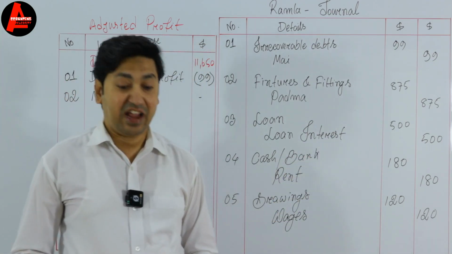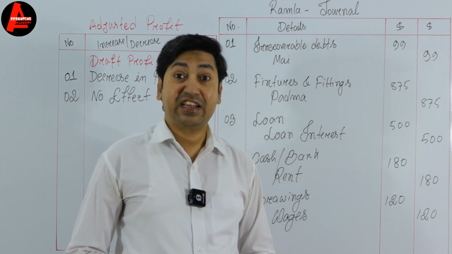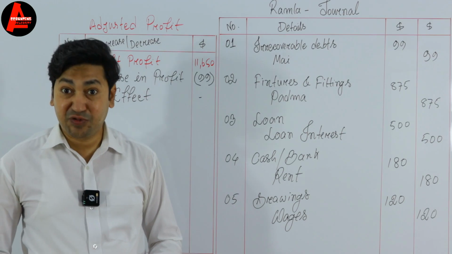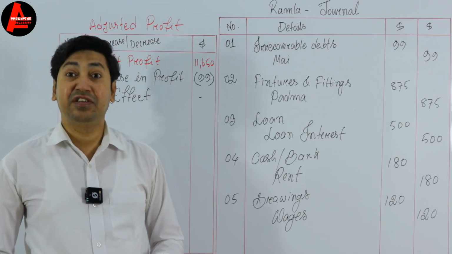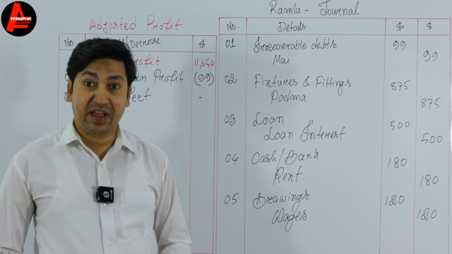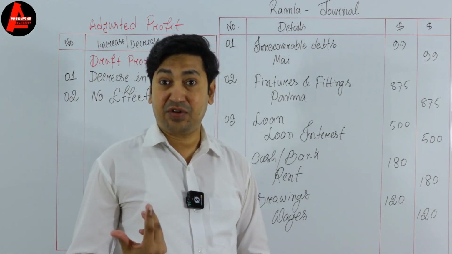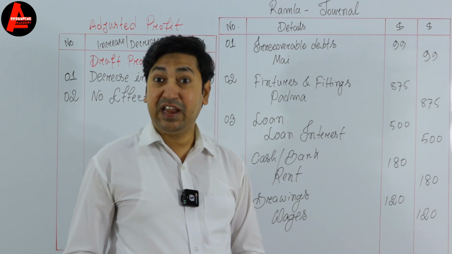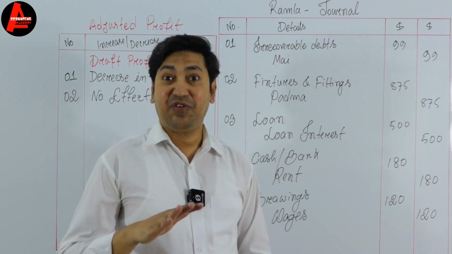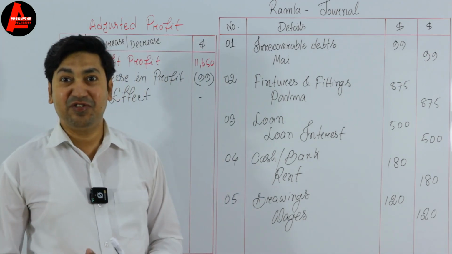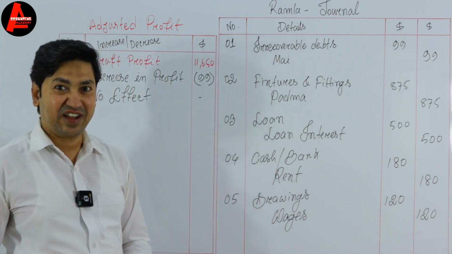When an expense is credited, expense decreased, right? So with a decrease in expense, what is the impact on the draft profit? When expense decreases, profit will be increased, right?